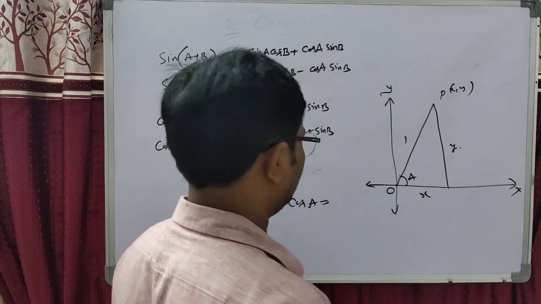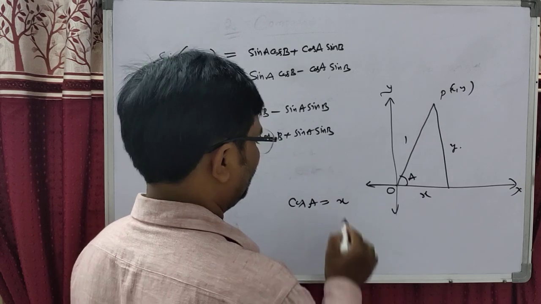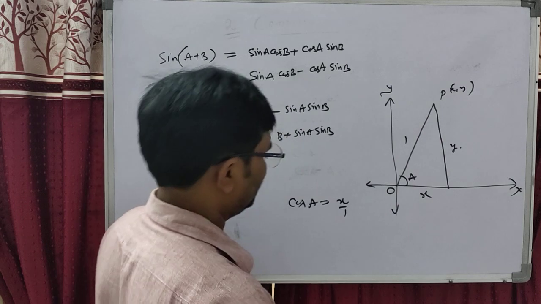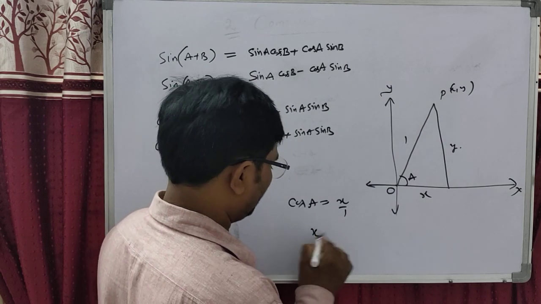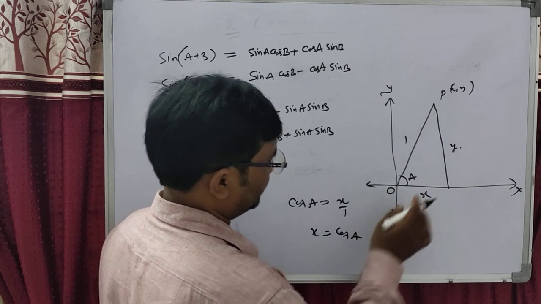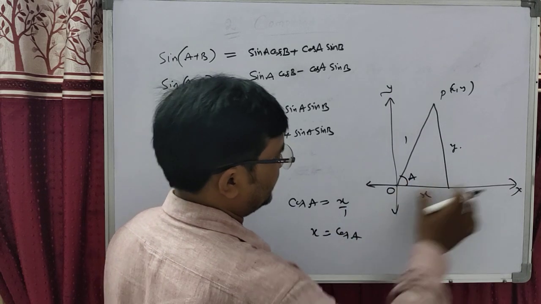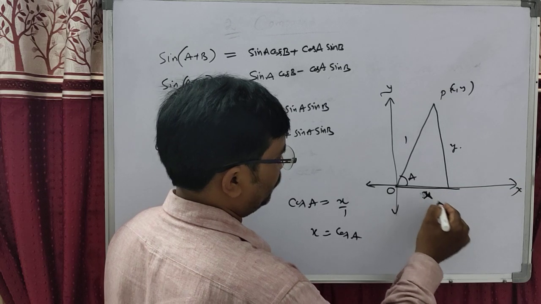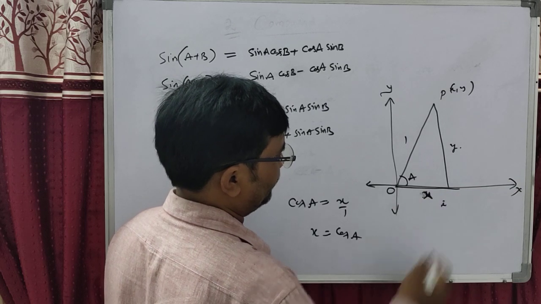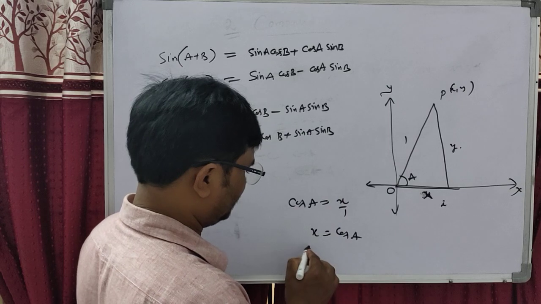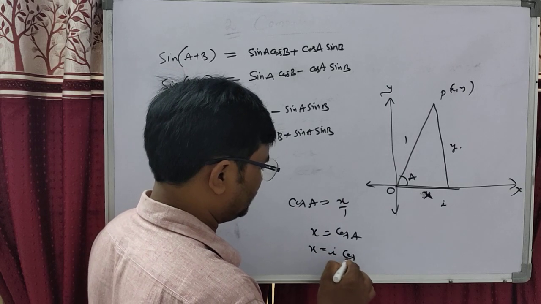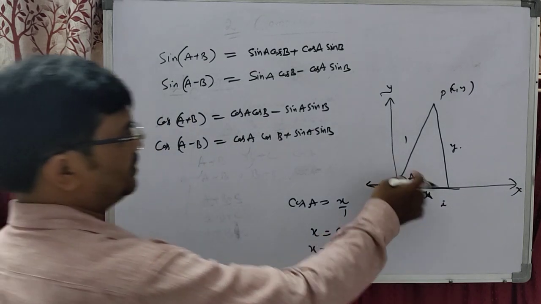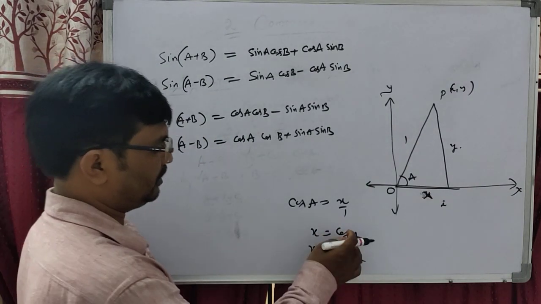Cos A is x by 1, so x equals cos A along the x-axis. We have to know that i bar is a unit vector along the x-axis. That means x equals i bar cos A.